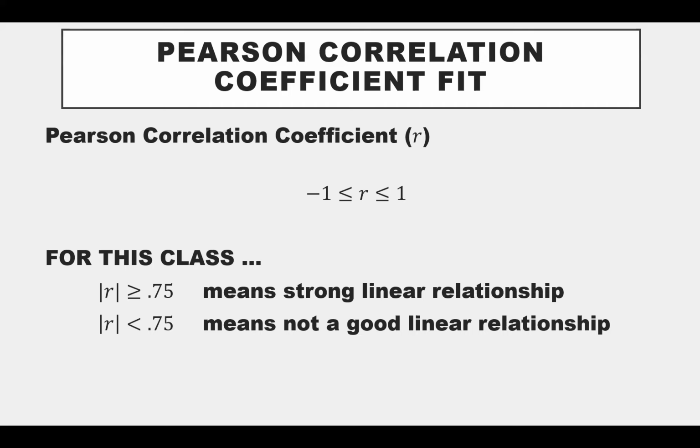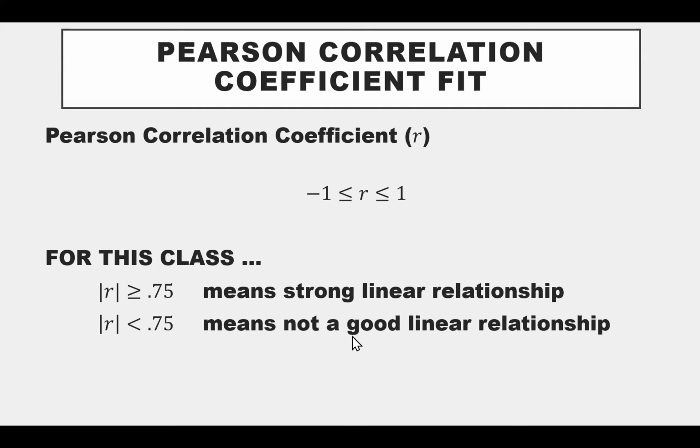If we're in a social science experiment, our R value may be like a 0.3 and still be a strong linear relationship.